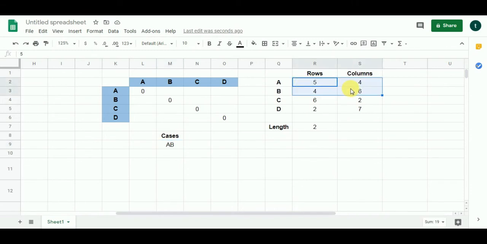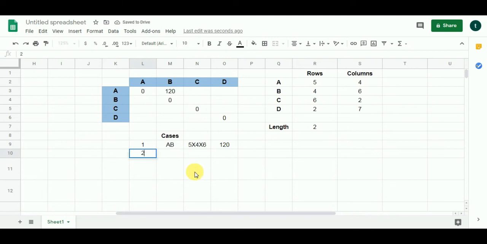The value is going to come as 5 into 4 into 6. 5 into 4 into 6 is going to be 120. So this is my value which I am going to put in this cell. This is my first subproblem of length 2. Let me mark it here.